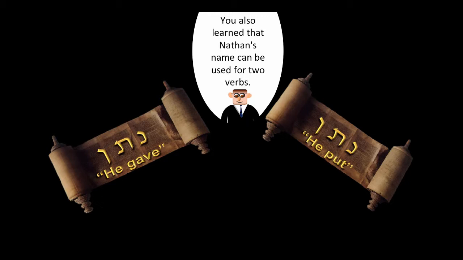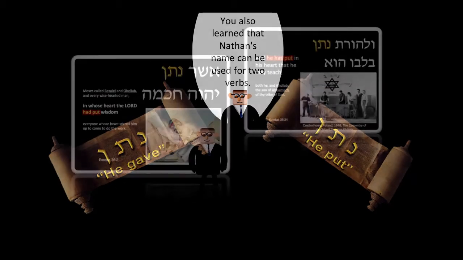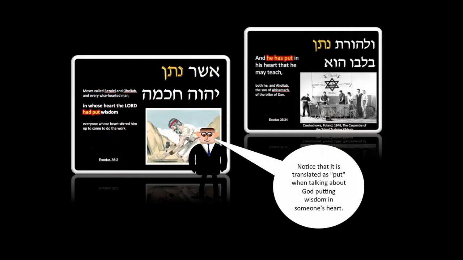Now, what I mean by a big verb in Hebrew is that it can have many shades of meaning. And sometimes it means he put, but that happens in a special way. Notice that it is translated as put when it's talking about God putting wisdom in someone's heart. And I just think that's very interesting. Why don't you study that in the PDF file?